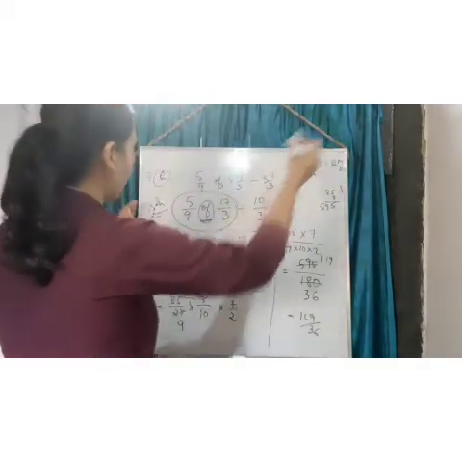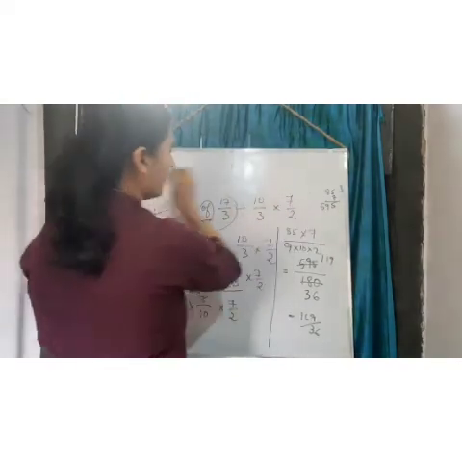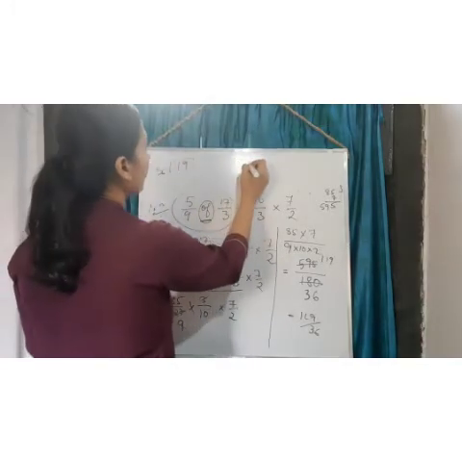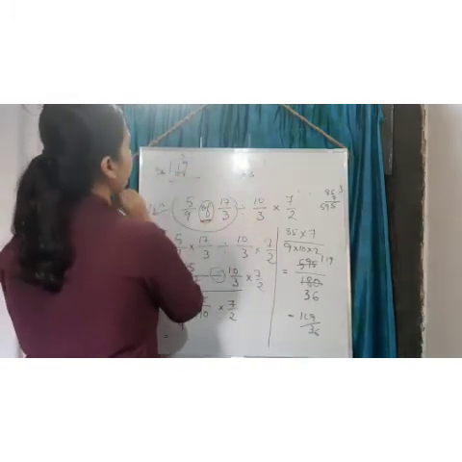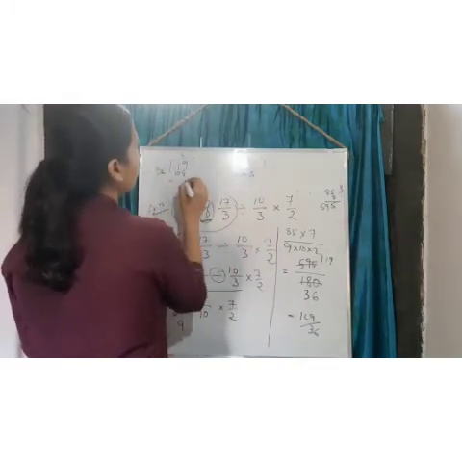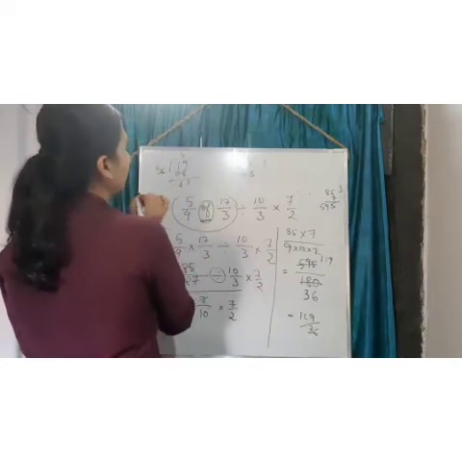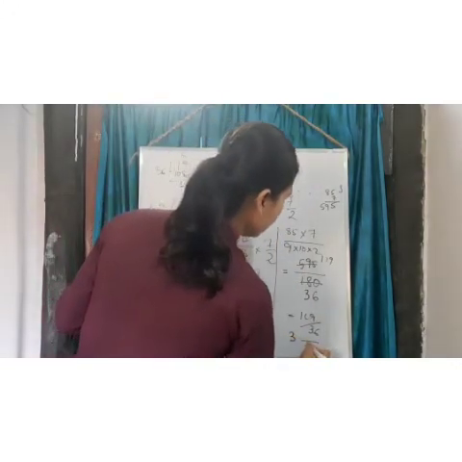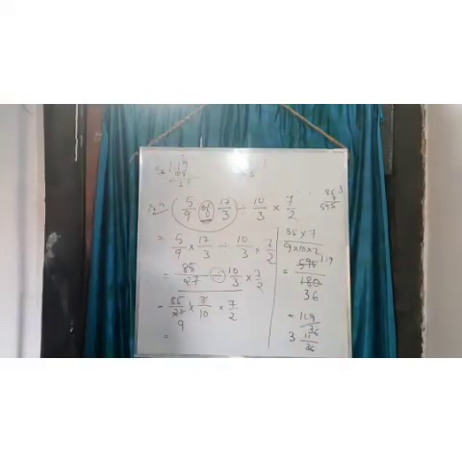I am going to rub this out. 36 3s are 108. 119 minus 108 is 11. So your answer will be 3 11/36. I hope you are able to follow this.